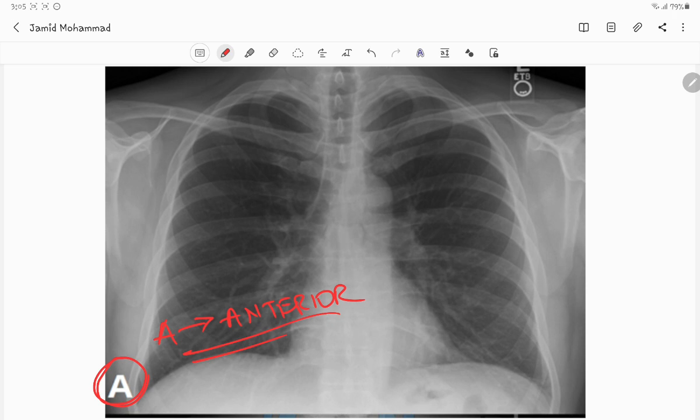So what we are viewing is the anterior side of the patient's chest, and this letter A is created on the X-ray using a radio opaque object. It is an object that does not allow X-rays to pass through it, so that the medical practitioner can easily identify that this is the anterior side of the patient.